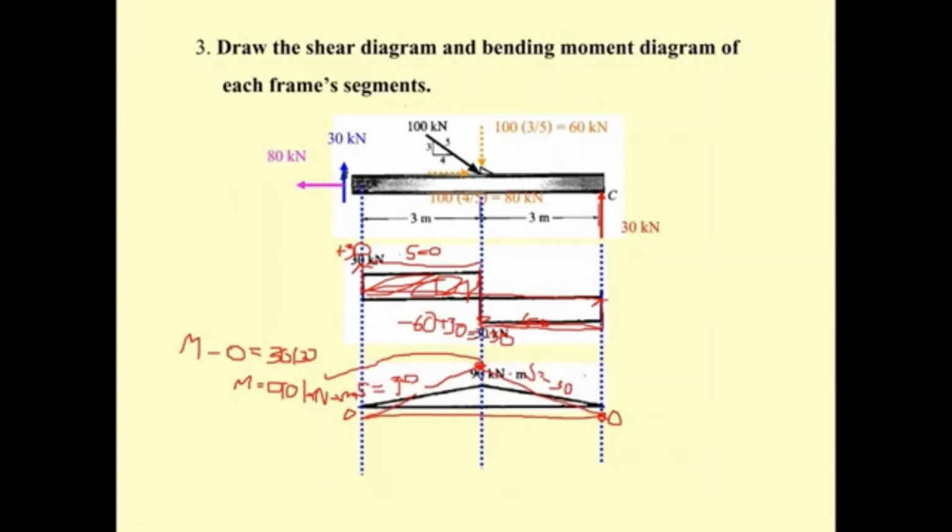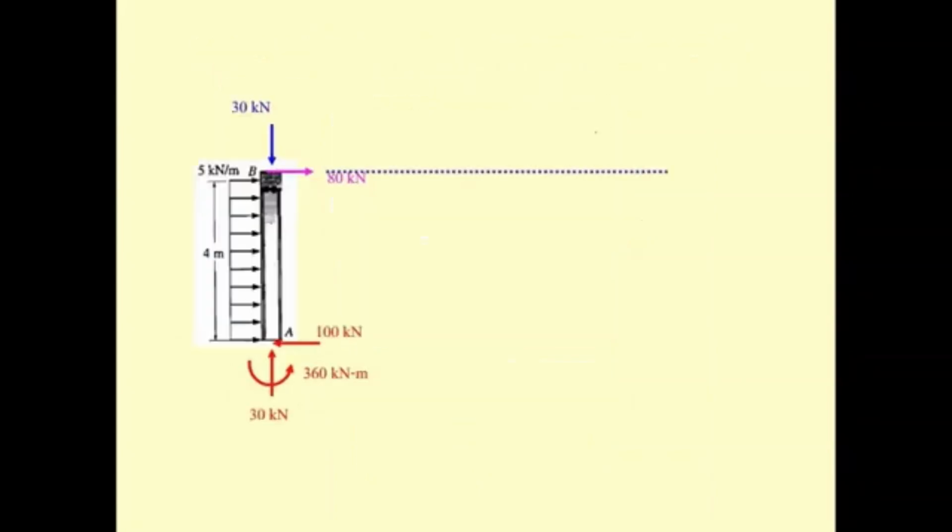Okay, and for the column, you have this, and then you start with what? You start with the shear diagram. You draw this line. Okay, the line is not vertical. Let's take this, okay. We are like here, and then you start to draw from 0 meter to here is 4 meter, and then we have the 100 kilonewton.